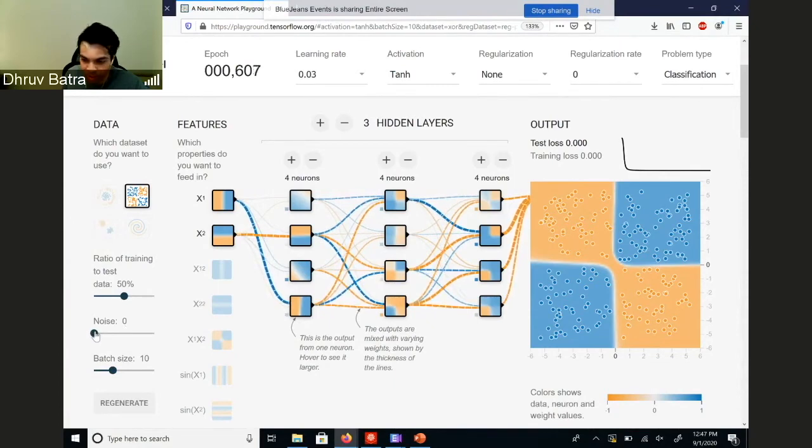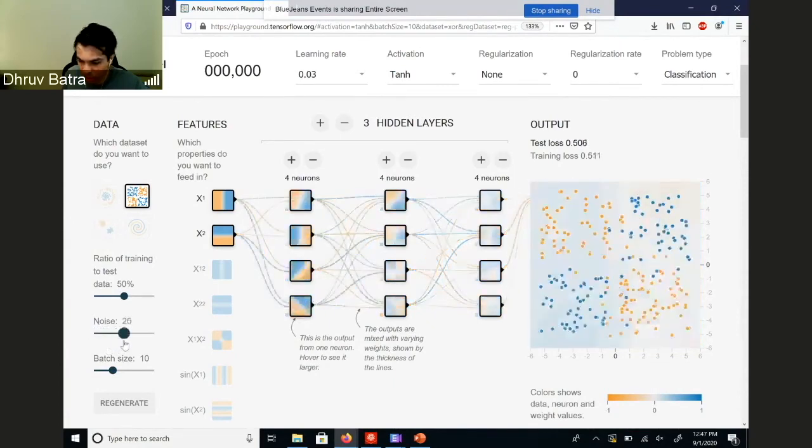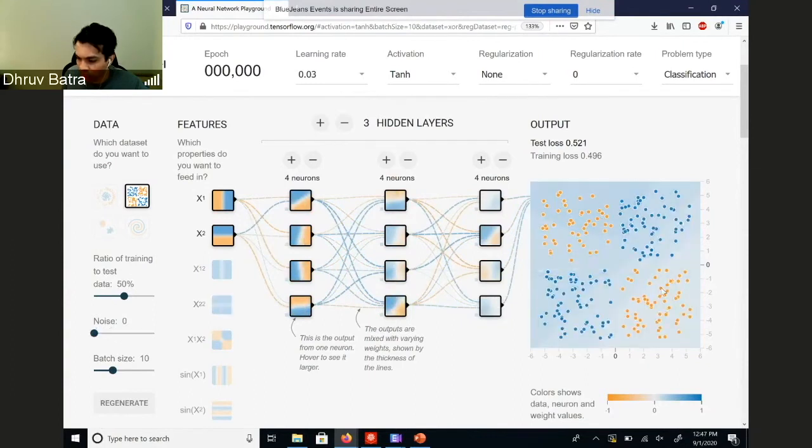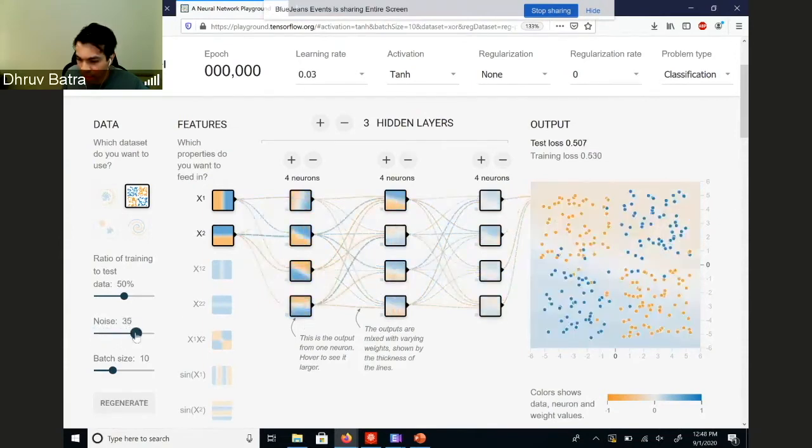And by noise, I mean that as soon as I add this, you notice this data set changes. As I play around with this noise parameter, when it was 0, it was very clear that there was an XOR quadrant structure that was followed. When I bump up the noise, we seem to have orange labels in the first quadrant, blue points in the second quadrant, and so on.